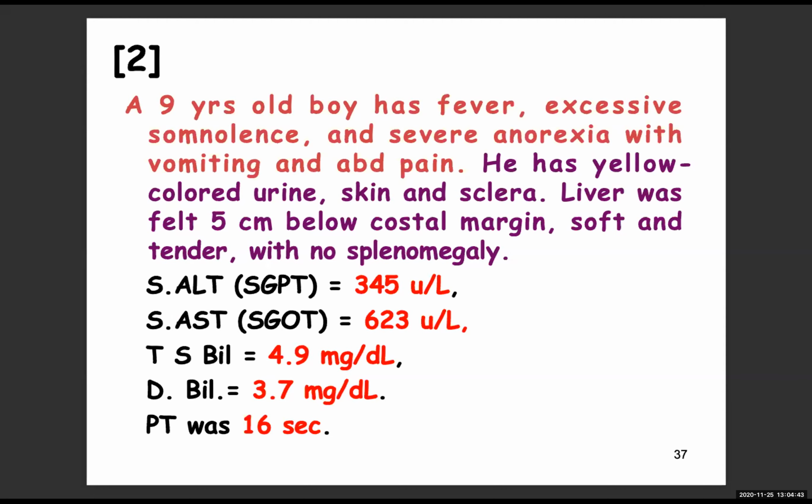A 9 years old boy has fever, excessive somnolence, and severe anorexia with vomiting and abdominal pain. He has yellow-colored urine, skin and sclera. The liver was felt 5 cm below costal margin, soft and tender with no splenomegaly. Serum ALT 345. Serum AST 623.